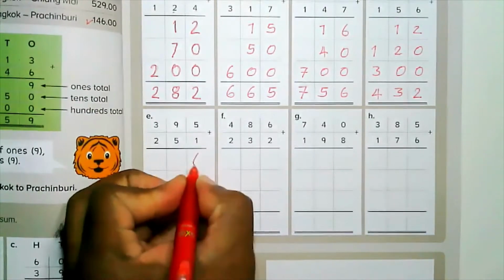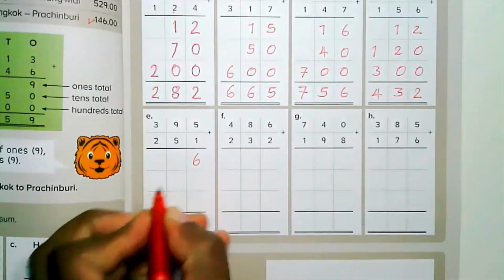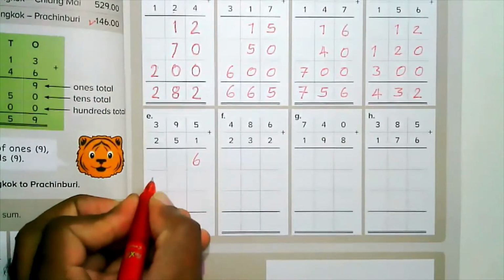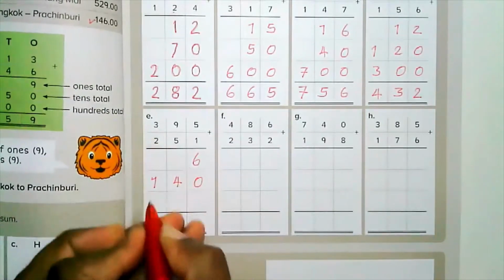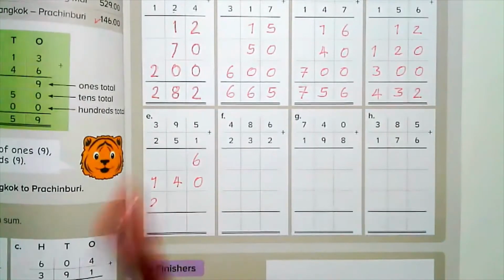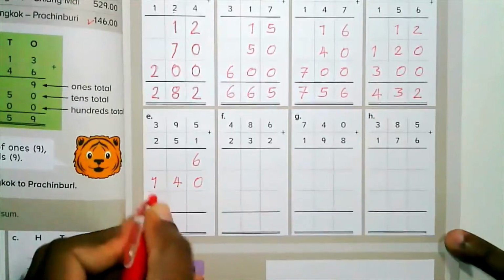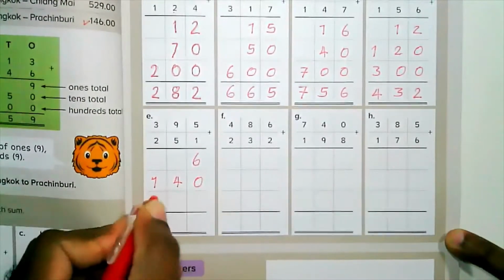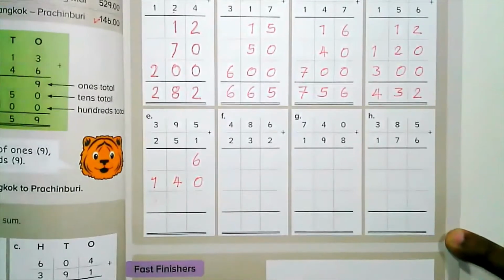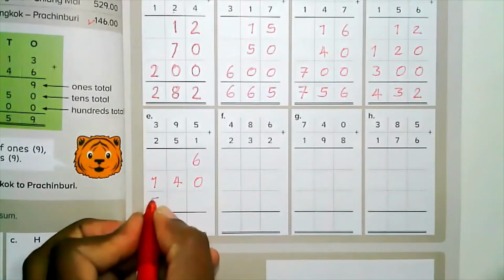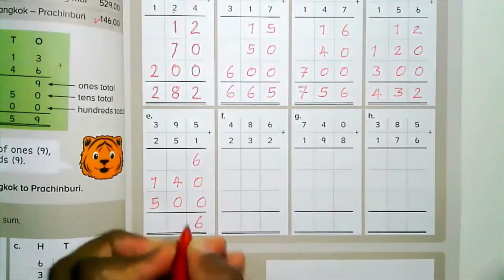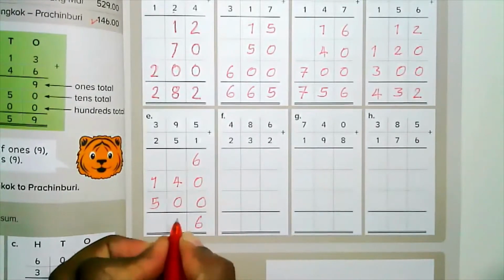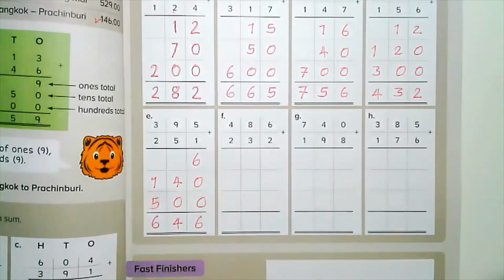5 plus 1 will be 6. 9 plus 5 will be 140. 3 plus 2 will be 500. Add up, starting from ones, we have 6, 4, and 6.